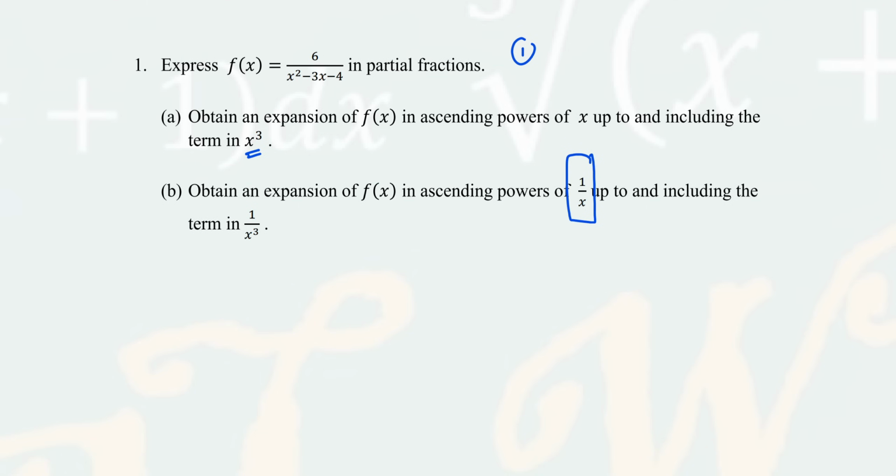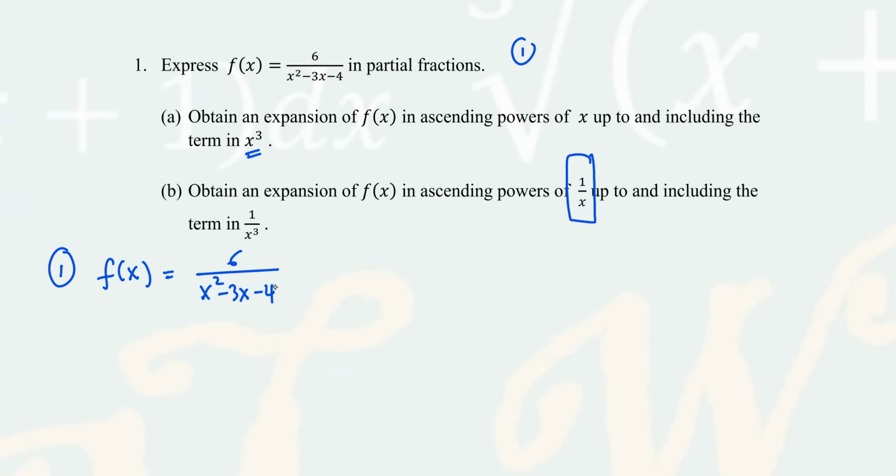So firstly, we need to solve partial fractions. Right? So now f(x) equals 6 over the quadratic function. Now, first of all, to get the partial fractions, we need to have minimum 2 linear factors, or I would say minimum 2 factors in the denominator.